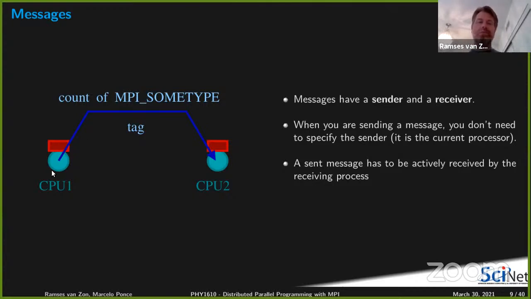So if CPU1 is sending something and CPU2 doesn't have a receive statement somewhere, then this message will never be received and will be stuck in limbo forever. And depending on how you set it up, that might cause CPU1 to wait for the message to be sent forever. Okay, so you have to pair sends and receives.